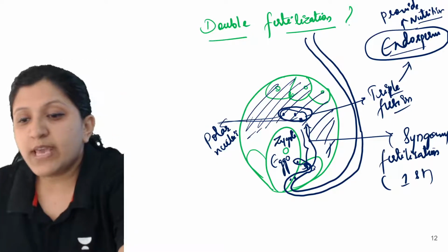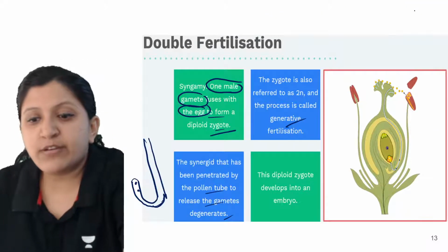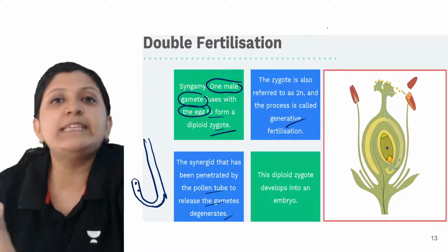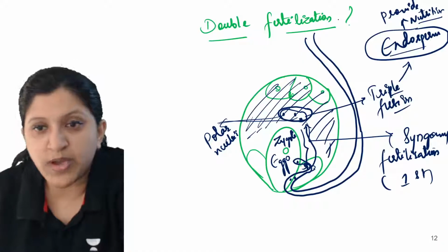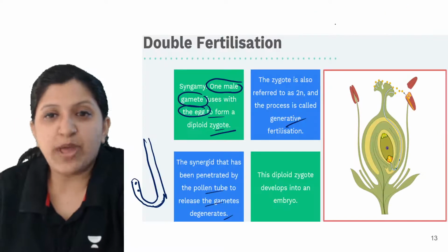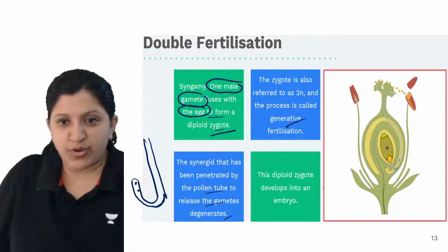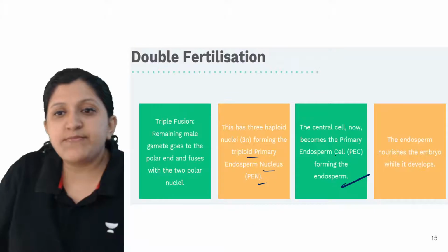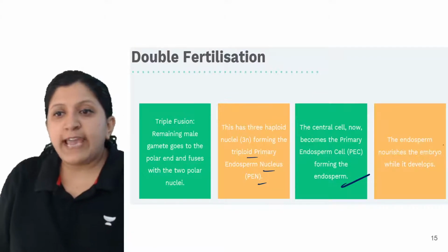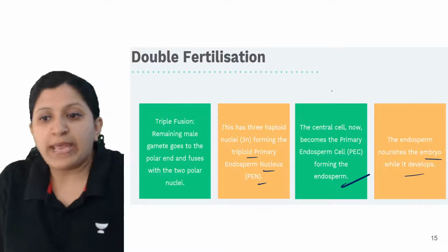That is not the cell which is going to develop into an embryo. The zygote is the one that is going to become an embryo later on. Here you can see the endosperm nourishes the embryo while it develops.